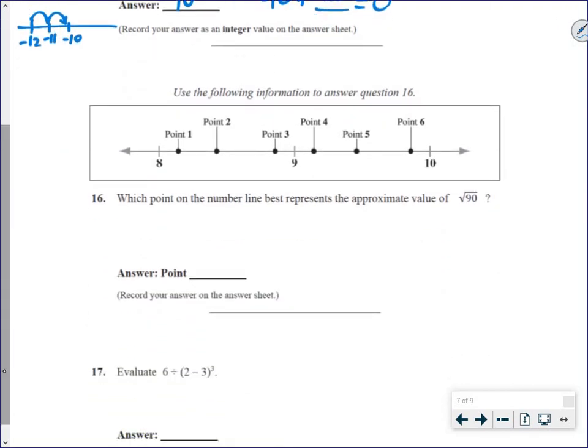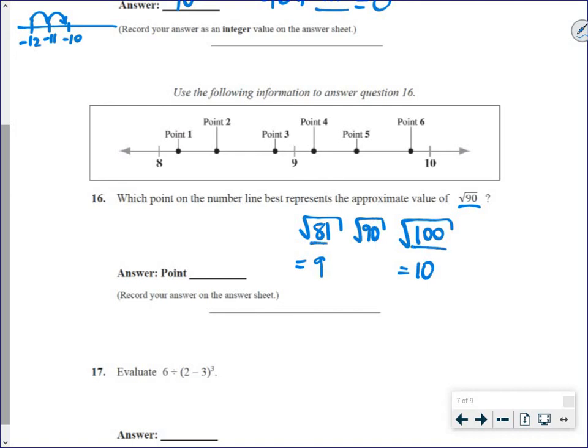Next question. Which point on the number line best represents the approximate value of square root of 90? Okay, so we need to approximate a square root. I know that the square root of 81 is 9 exactly, and I know that the square root of 100 is 10. So 90 is about midway between 81 and 100.